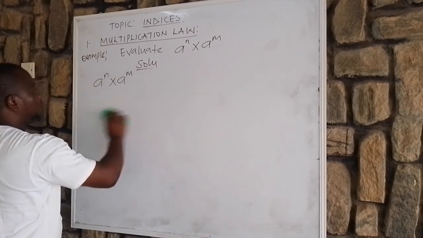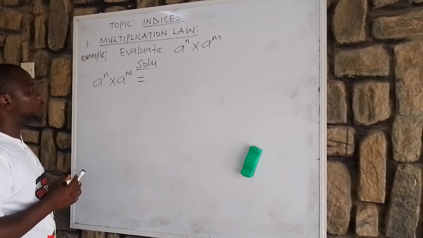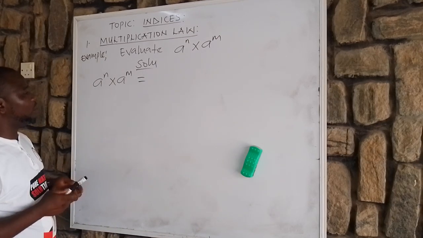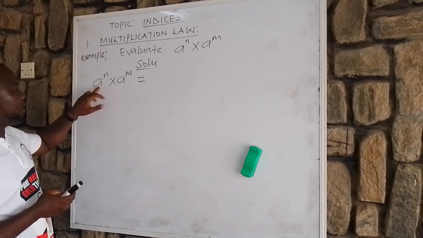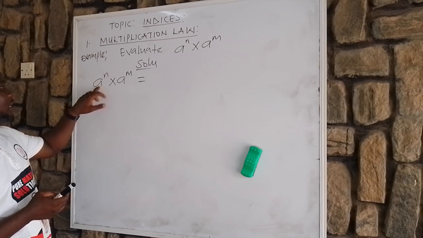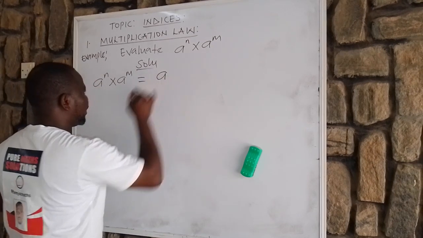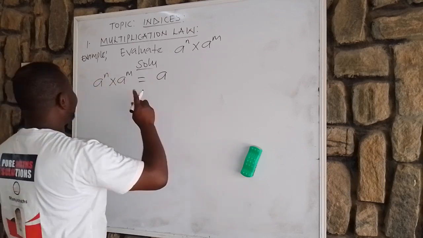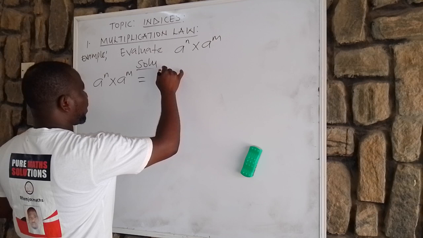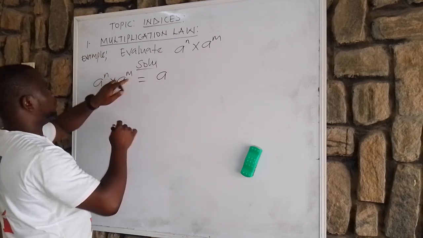So let us begin to look at this. This will be equal to, you know, what the multiplication law is saying. If the bases are the same, you pick one of them, here we have base a, base a. So we pick one of the bases, then we raise it to the sum of the powers.